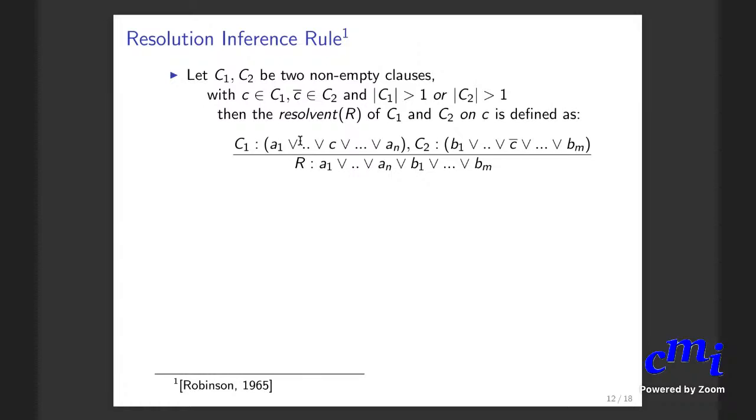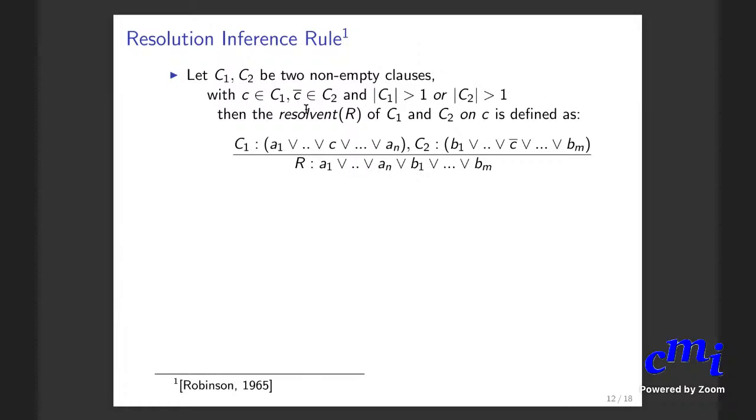Every Boolean function can be expressed in conjunctive normal form. The proof system I'm introducing has three inference rules, which make up the resolution principle.